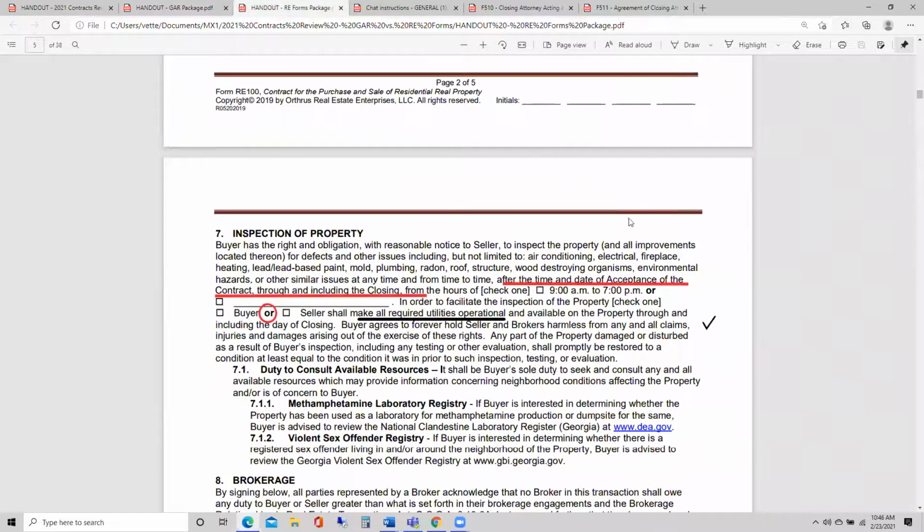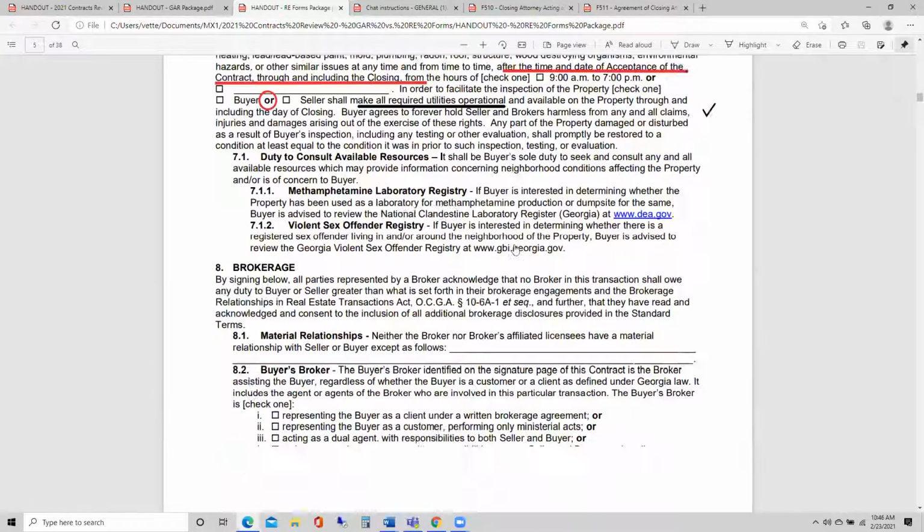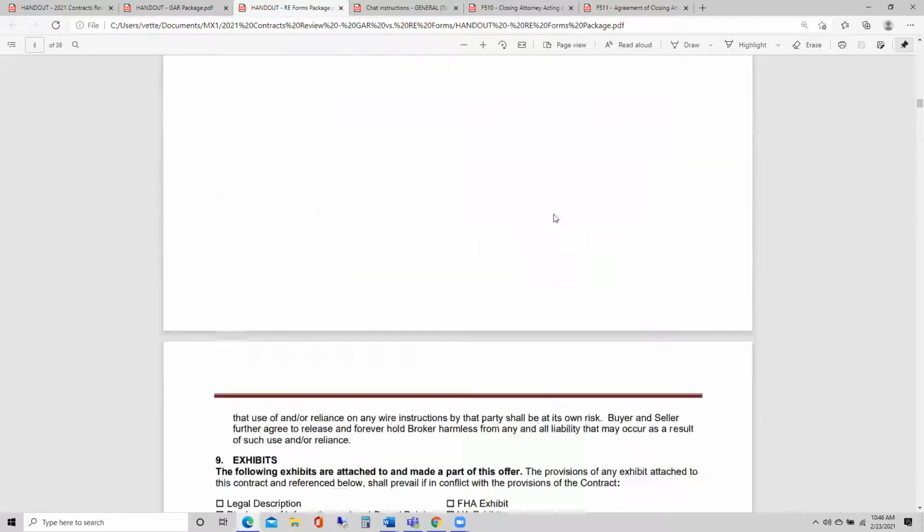And in the RE forms, it is under this section, under this one. It's again under the, no, it's right here. Sorry.